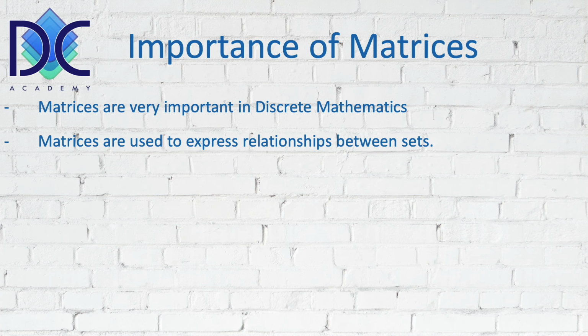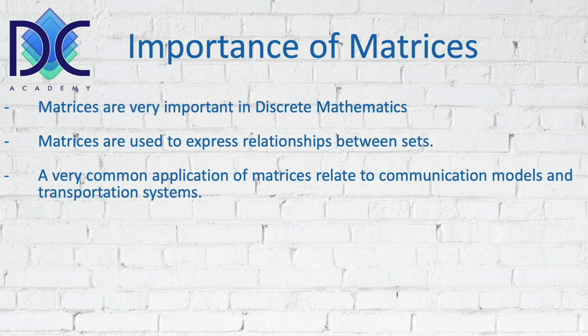Matrices are typically used to express relationships between sets. And a very common application of matrices relate to communication models and transportation systems. Now, when you look at communication, what's happening in the communication network, the routers and the switches contain information about the network, and they contain that information in a matrix form.